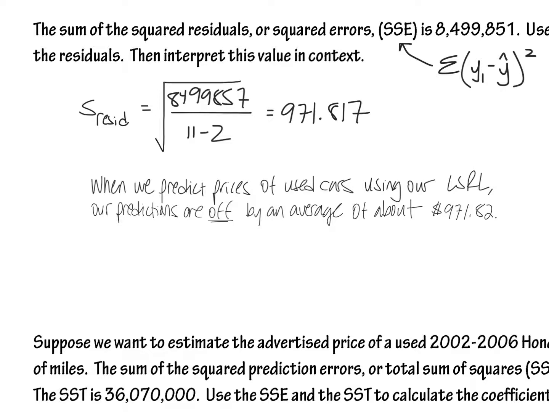When we predict the prices of the used cars, remember to use your context. So we're predicting whatever the Y value is, and we're using our LSRL, our equation that we came up with, y equals mx plus b, to make the predictions. Our predictions are off by about an average of this dollar amount. That is your interpretation for the standard deviation of the residuals.